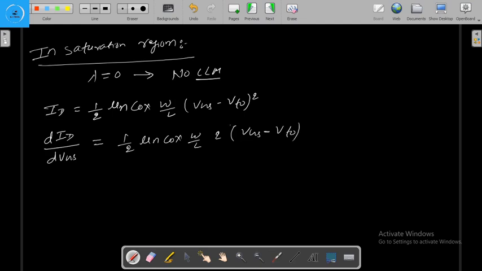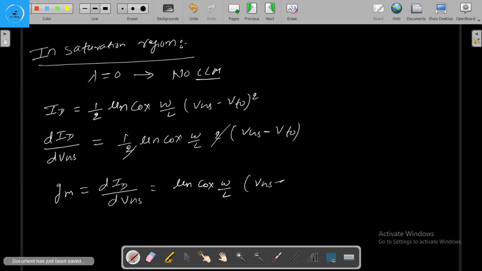Then this 2 will be cancelled out, and this gm, the transconductance, is nothing but dID upon dVGS, the differentiation of the drain current with respect to the gate to source voltage. It will be equal to mu_n C_ox W/L (VGS minus VT0), where VT0 is the threshold voltage.